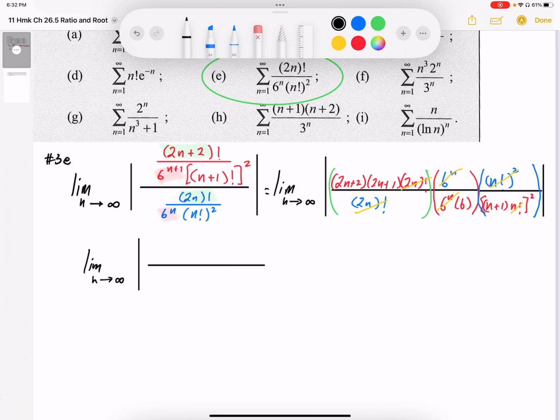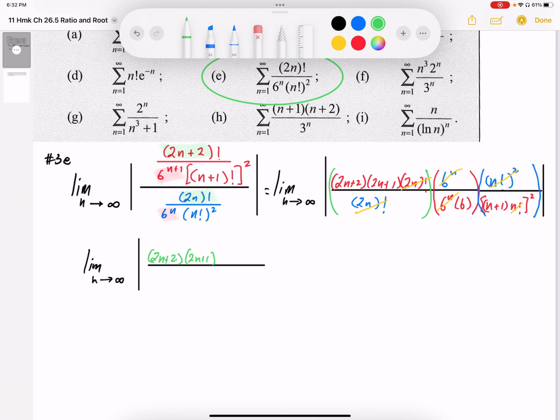So we're going to end up with 2n plus 2. So keep that consistent. We group that in green, so I'm going to write this as 2n plus 2 times 2n plus 1.